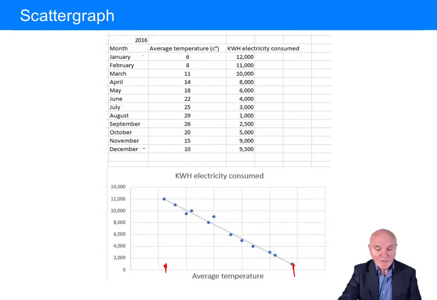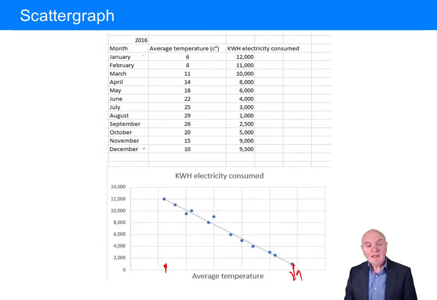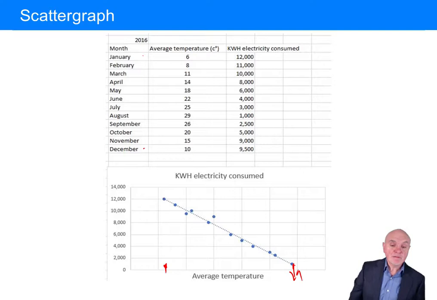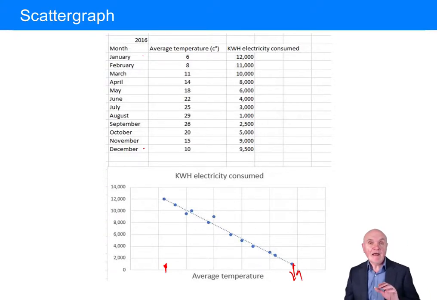You can see, by putting these on a graph, that the readings are really very well clustered around a line. And we could conclude from this that there does seem to be quite a good relationship between the average temperature and the electricity consumed: as the temperature goes up, the amount of electricity consumed goes down.